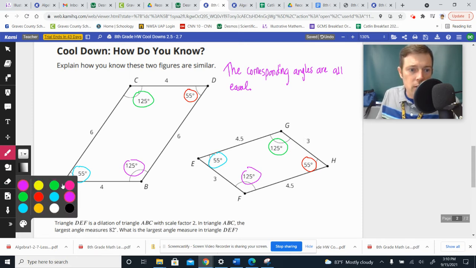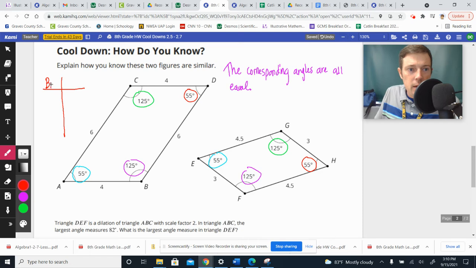So to do that, I'm going to make a little table over here for my big parallelogram versus my small parallelogram. Big parallelogram on the left, smaller one on the right. And we're going to make a table of the sides that correspond with each other. So this 4 up here on the big parallelogram corresponds with the 3 that's over here.